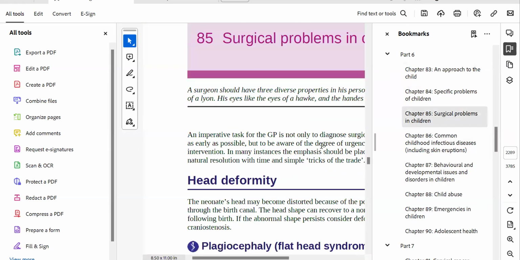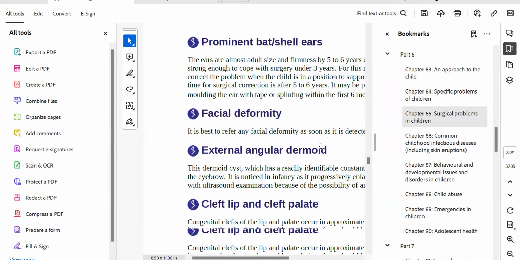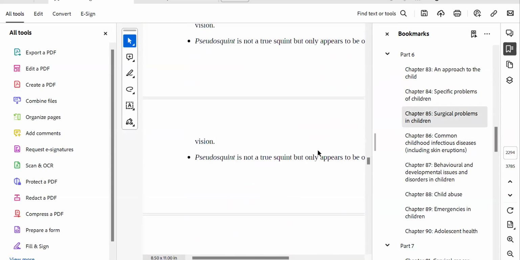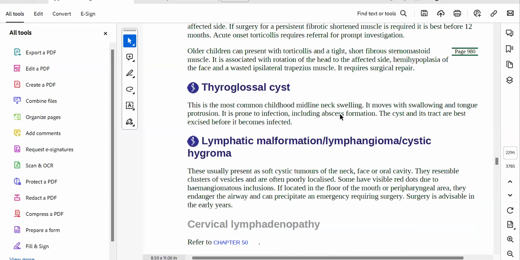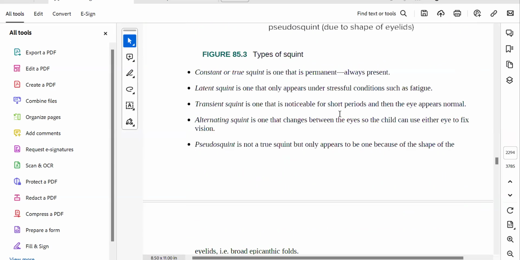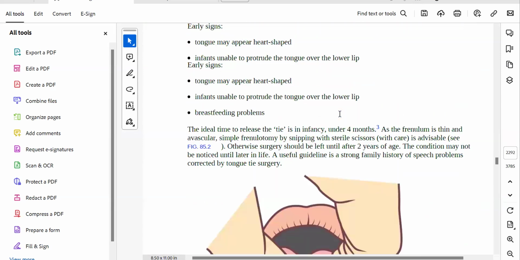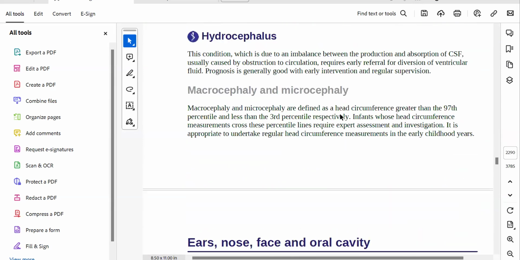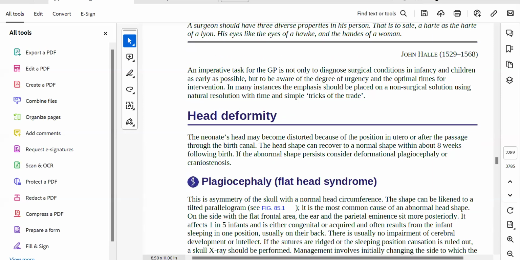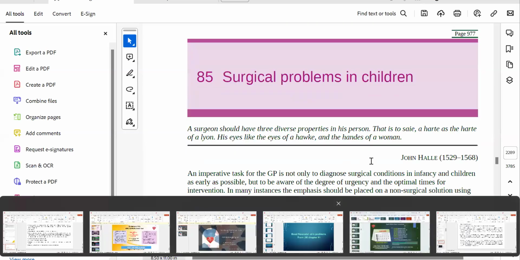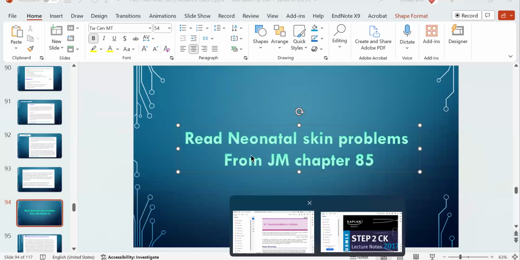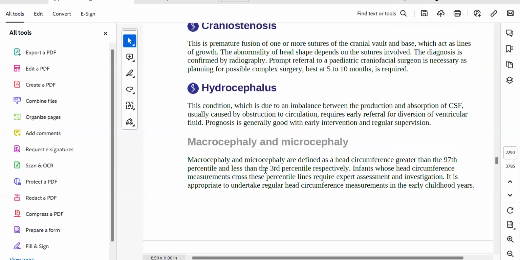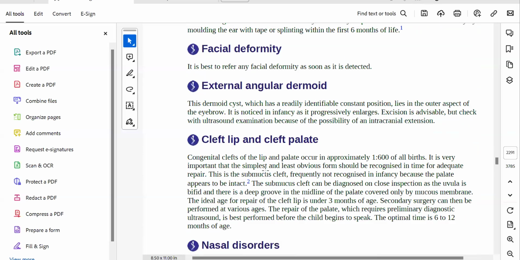Then if we go to the surgical problem, so if you open up the surgical problem in children, that's your chapter 85. So chapter 85, we will discuss a little bit from there, like plagiocephalus and all them.